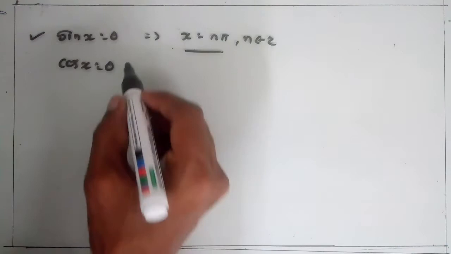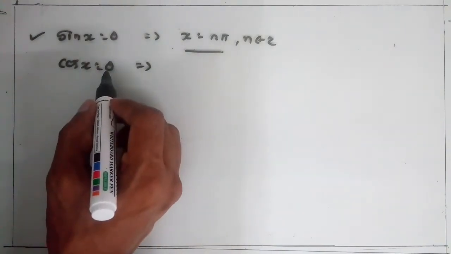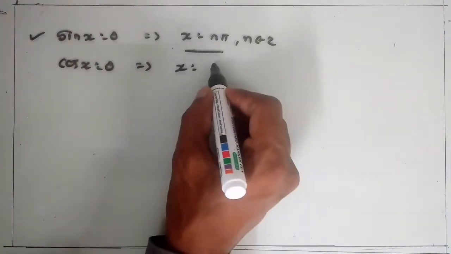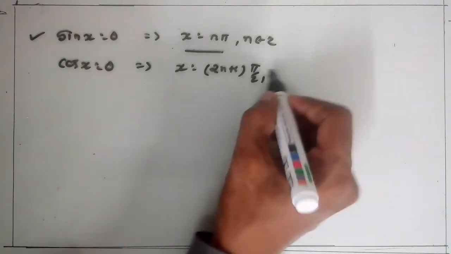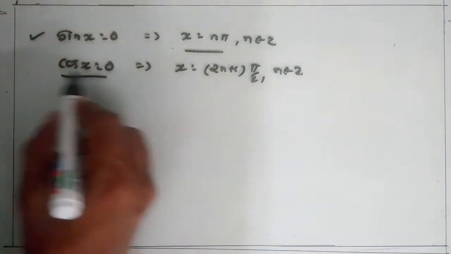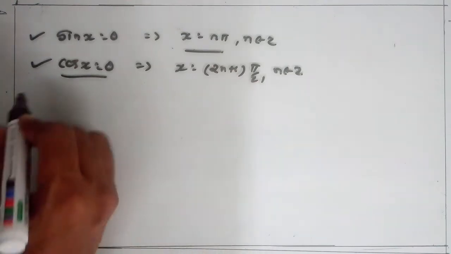to Z. Similarly for cos x is equal to 0, think zeros of cos become the solution. So x is equal to (2n plus 1) pi by 2, n belongs to Z. This becomes the zeros of cos, or the solution of cos x is equal to 0. Clear?